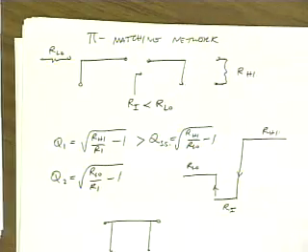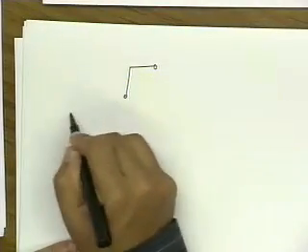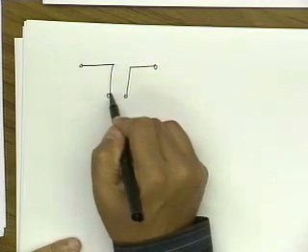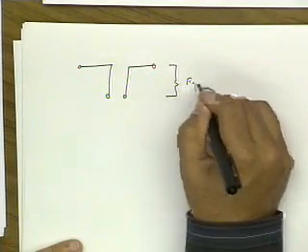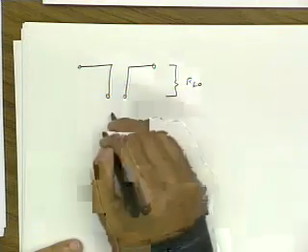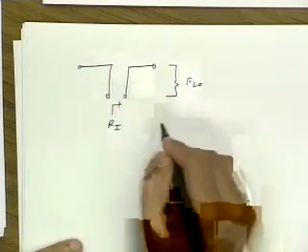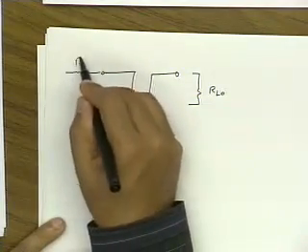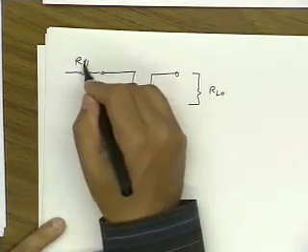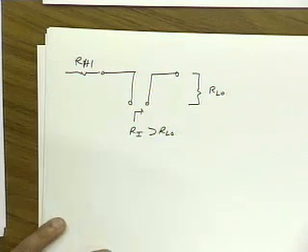Okay? Well, I could also do the other way around. I could have one stage like this and another stage like this. So let's say this is R low. This is R intermediate, which is bigger than R low. And then I go back down to RS, which is R high, back up to RS.